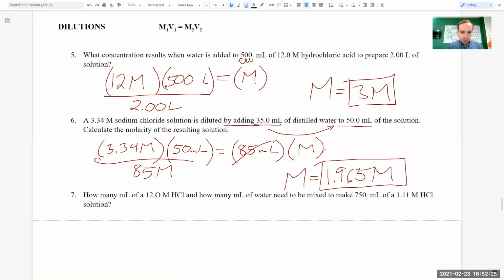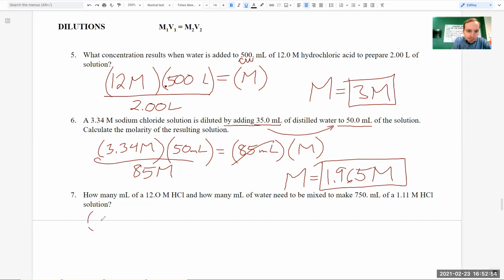Number 7 is a little tricky. They're going to throw a curveball at us for number 7. They say how many milliliters of 12 molar hydrochloric acid and how many milliliters of water, so that's interesting, are needed to be mixed together to make 750 milliliters of a 1.11 molar hydrochloric acid solution. So I'm going to start off with M1V1 equals M2V2.